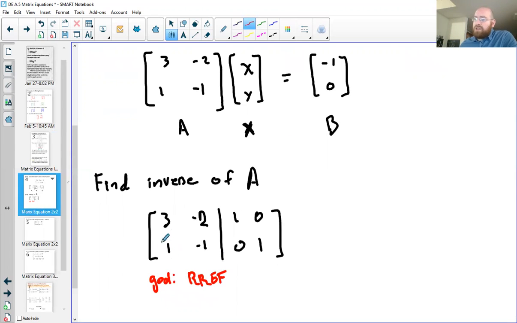Notice that I have a 1 here, so I'm going to make row 2 my pivot, and I'm going to have row 1 minus 3 times row 2. So that'll be minus 3 plus 3 in our second component, because we have this -1, minus 3 times -1 is +3, minus 0, and then minus 3 as well.